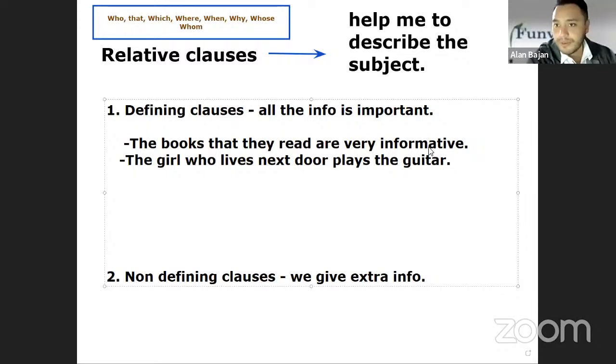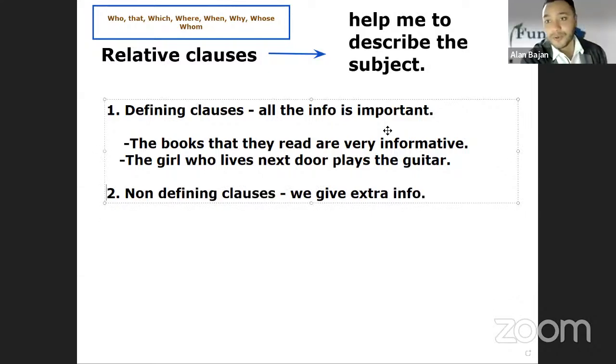Where is or what is the relative pronoun here? Let's see, Brian. Who lives next door? Exactly. Who lives next door? The relative pronoun is who. Okay.